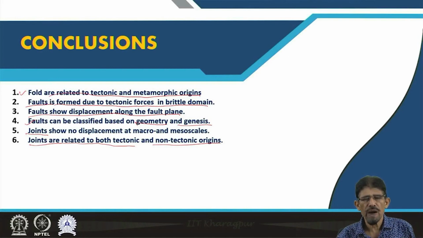Due to unloading also there is a formation of joints, due to erosion and due to release of stress by excavating the rock strata and others. Beside this, joints can be categorized as tension joints, shear joints, radial joints, and joints associated with sedimentary rock, metamorphic rock, and igneous rock, mainly igneous rock, like columnar joints, radial joints, etc.